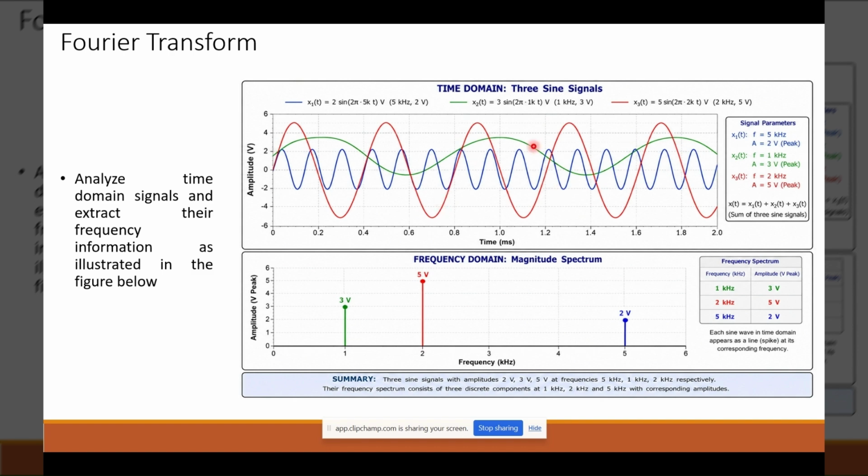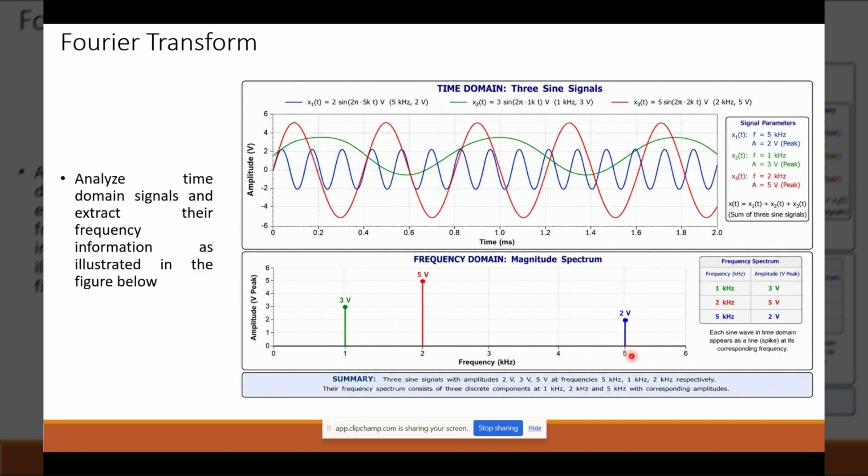On just seeing this signal, can you directly say what the frequency and amplitude are? It is a little bit hectic, right? But can you see this frequency domain representation, the magnitude spectrum? On seeing this, you can say that at 1 kilohertz, a 3 volt sine signal is there. At 2 kilohertz, a 5 volt sine signal is there.